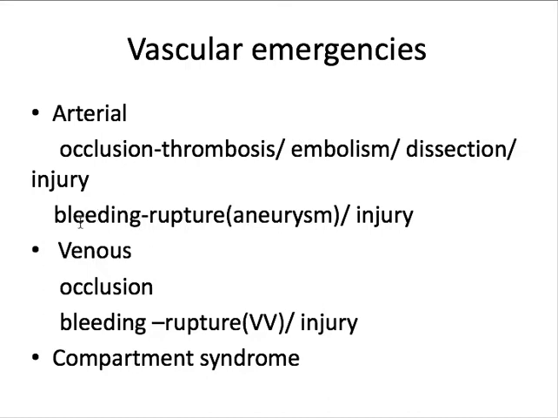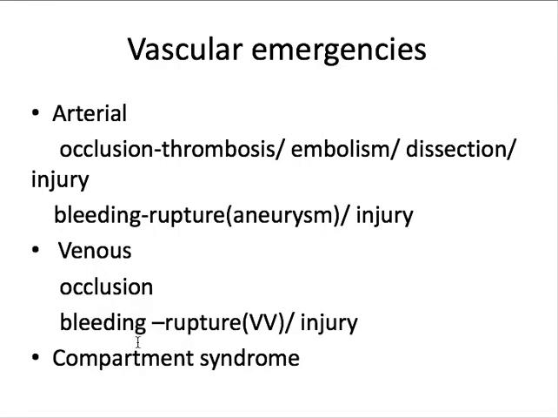Then bleeding from an artery, commonly it's due to a rupture of an aneurysm, or it may bleed by an injury. Similarly, venous, it can either get occluded or could bleed. Occlusion: superficial vessels, the thrombophlebitis, which doesn't cause a major problem except the discomfort the patient is having, and the deep vein thrombosis.